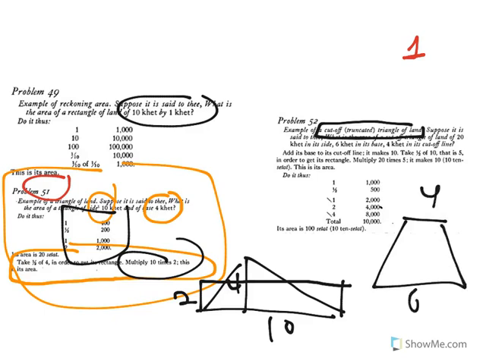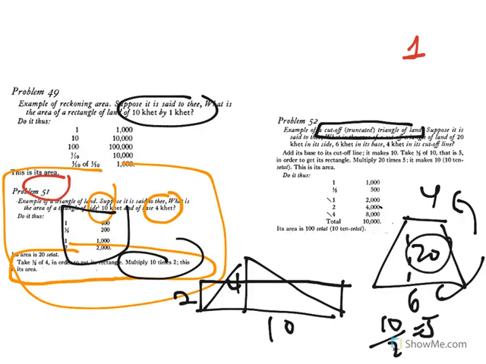That's their way of saying this, apparently. And they say to add its base to its cut-off line, so 6 plus 4 is 10. Then they say to divide by 2 to get 5, to get its rectangle, and then multiply 20 times 5 to get 100.